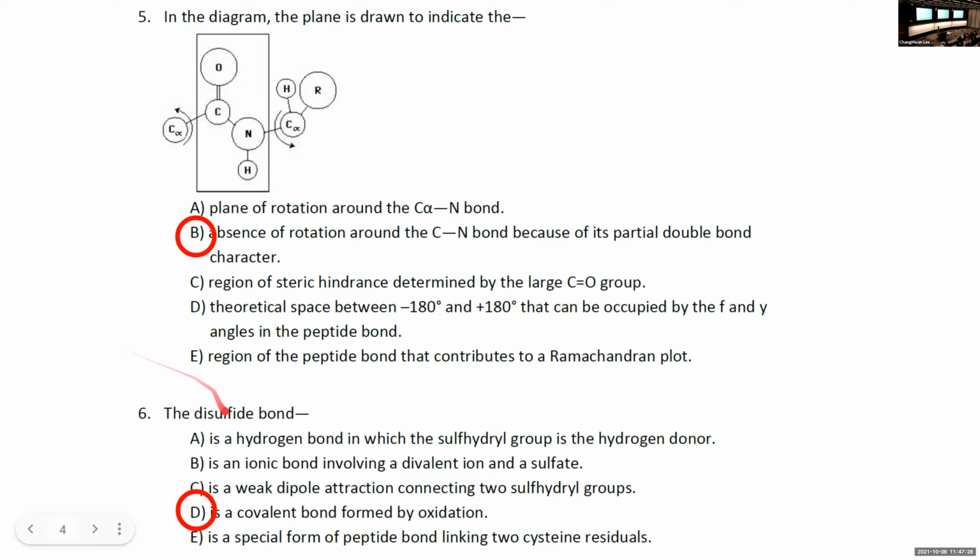So that's losing the hydrogen, meaning that it's deprotonated, which is the same as oxidized. It's based on the acid base definition. E, which is SS bond, is a special form of a peptide bond linking two cysteine residues. Can anyone answer this question?